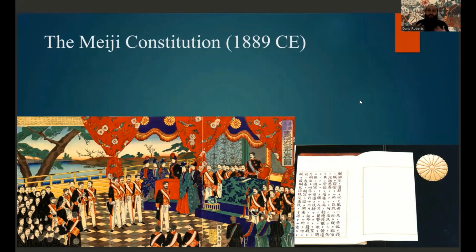It had sort of the same idea, but unlike a constitutional monarchy in, say, Britain, where the queen or king is a figurehead, the emperor still held the absolute power. But it still also outlined various procedures and ways to keep the government stable and to help the lower classes of Japanese society.